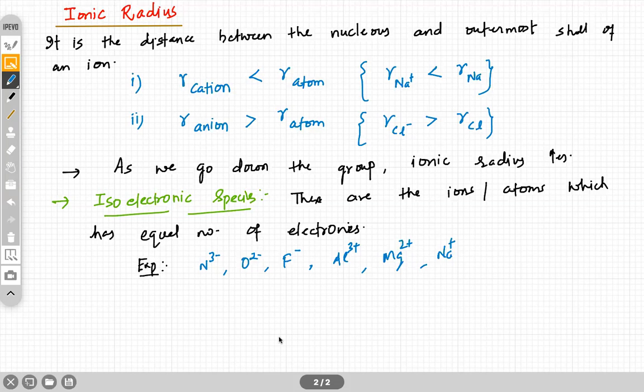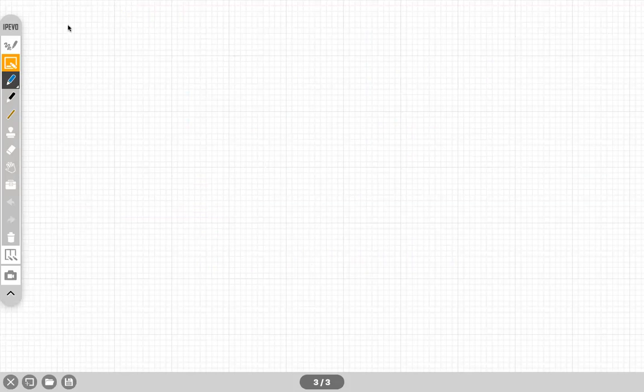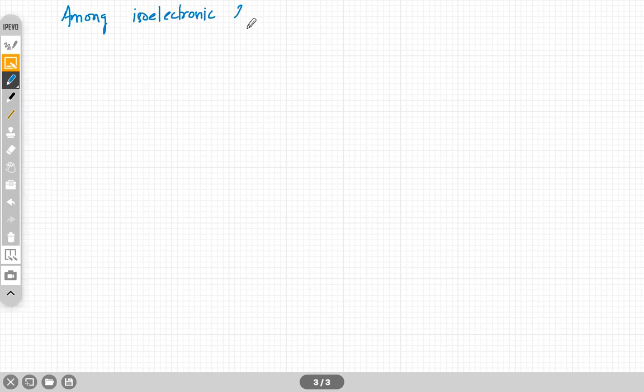Now write down among isoelectronic species, as the magnitude of negative charge increases, size means ionic radius decreases, right?